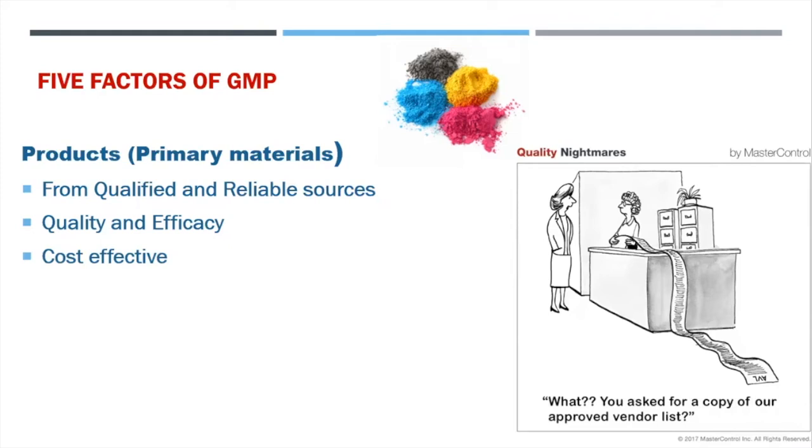Quality and efficacy have to be there, obviously, there's no question about it. It has to be cost effective. Certainly, there is always a commercial aspect in everything that you work for. Availability: you make sure that it is available when you are going to make the product. So you have to make sure that the vendor is reliable and he will make sure that the material is available when you actually need it.